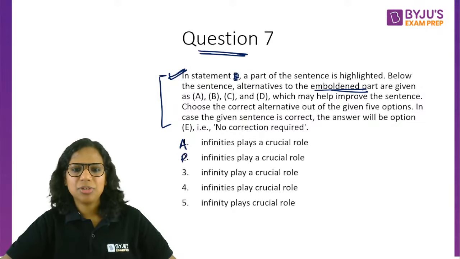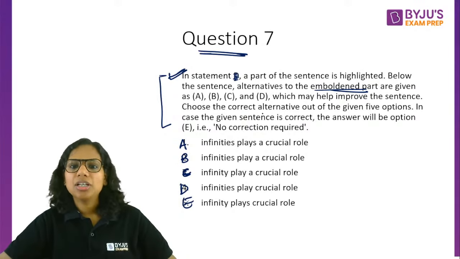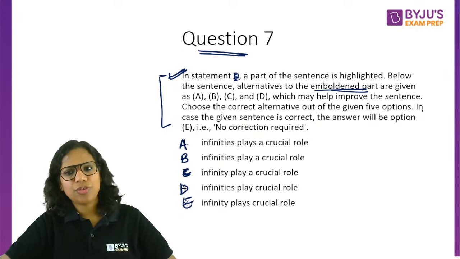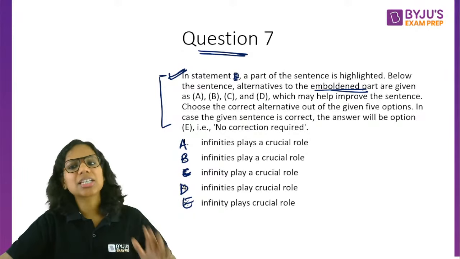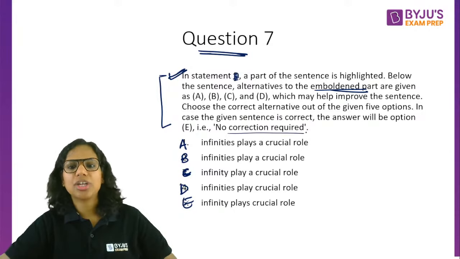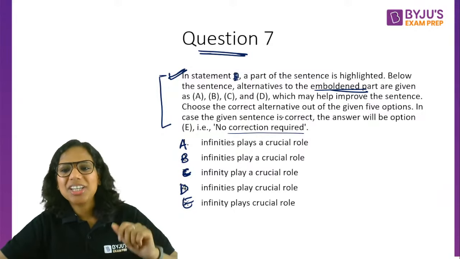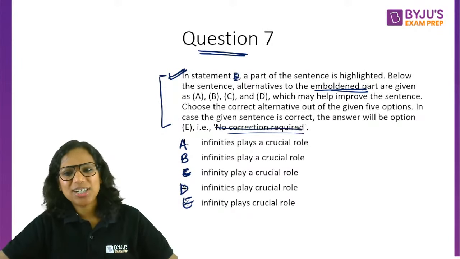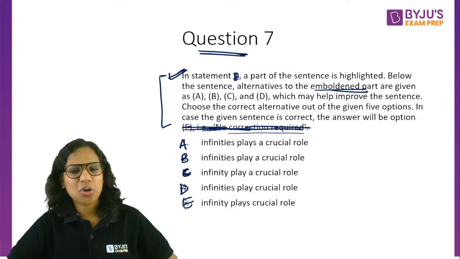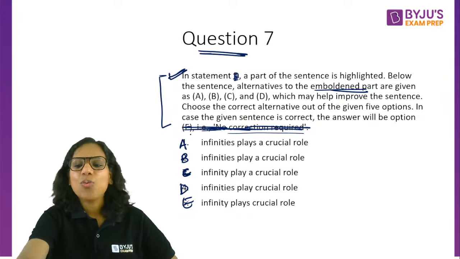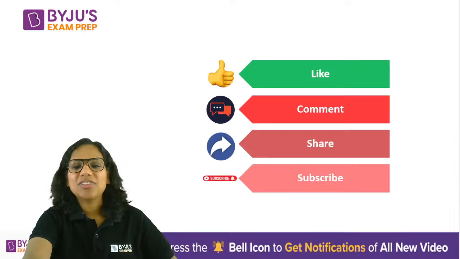So, A, B, C, D, and E. Choose the correct alternative out of the given 5 options. In case the given sentence is correct, the answer will be option E, that is no correction required. But here we have actually tweaked this question and we've eliminated this option. There is definitely an error here. E also talks about another thing. So tell me, what is the error there and give me the correct one.